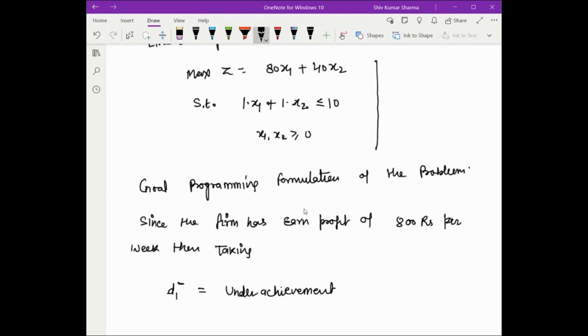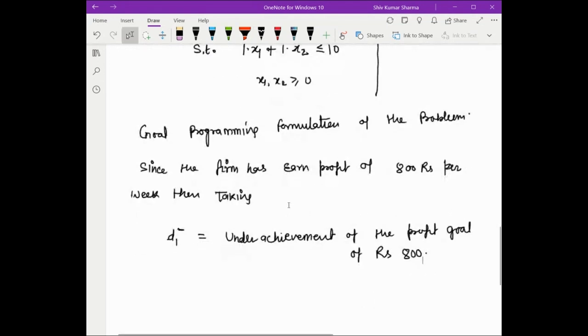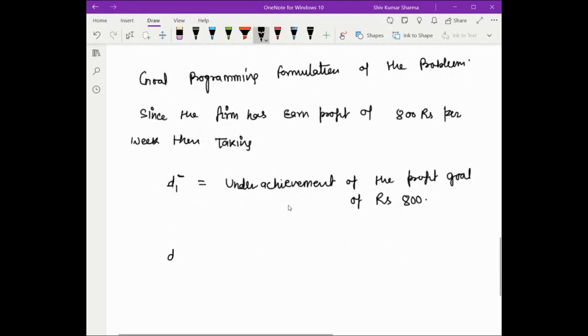Underachievement means if we do not reach the target of 800 rupees, that means 700 rupees, 600 rupees, 750 rupees, so we are in underachievement of the profit goal of 800 rupees.